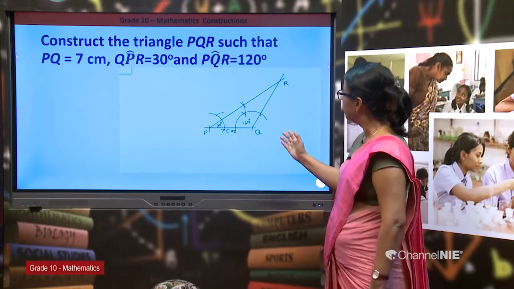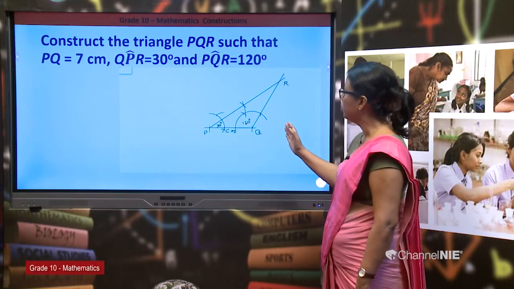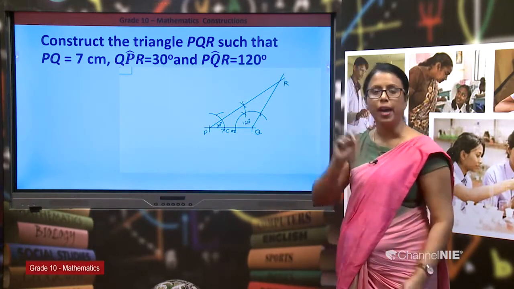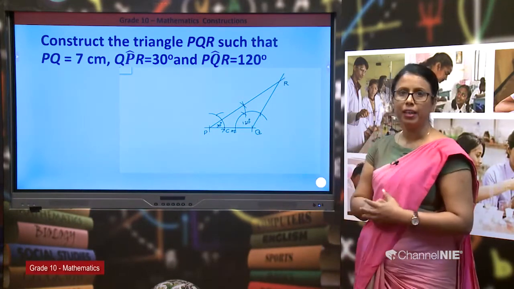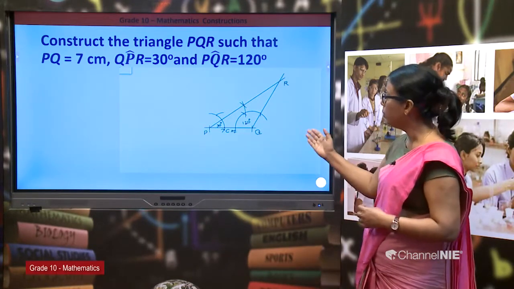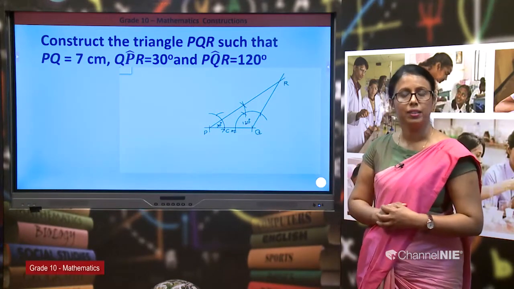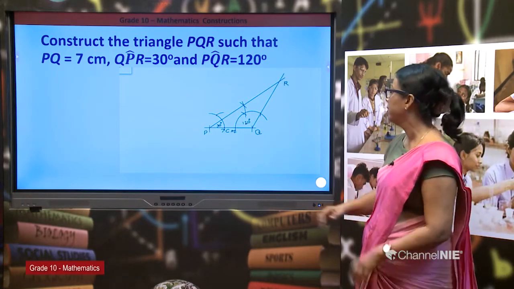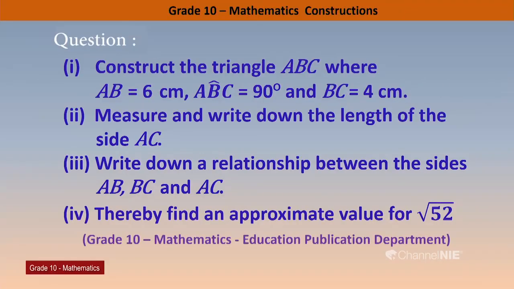Look at this question, children. According to this question, you got 2 angles and a side. So, when you got 2 angles and a side, we can construct a triangle. Construct a triangle ABC where AB equals 6 centimeter, ABC equals 90 degree, BC equals 4 centimeter.